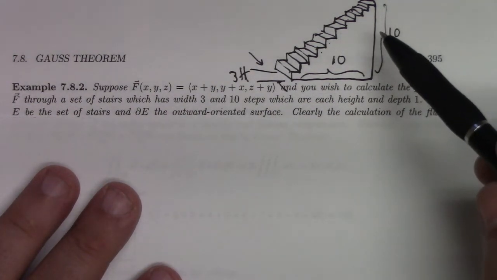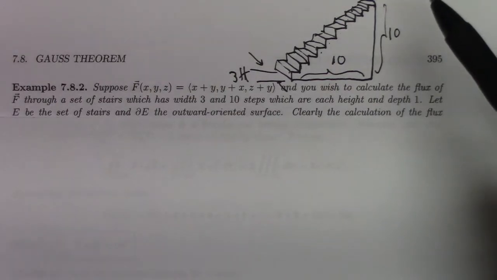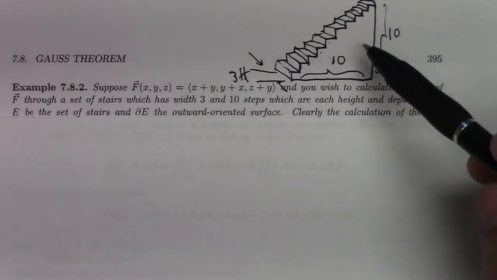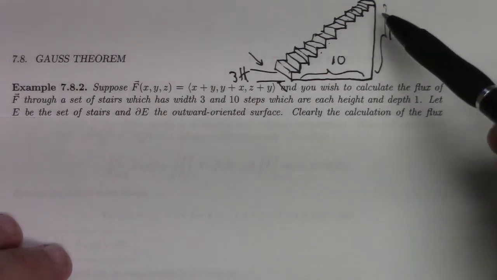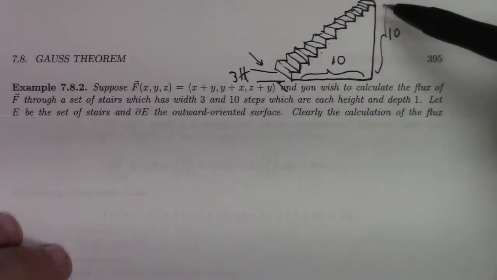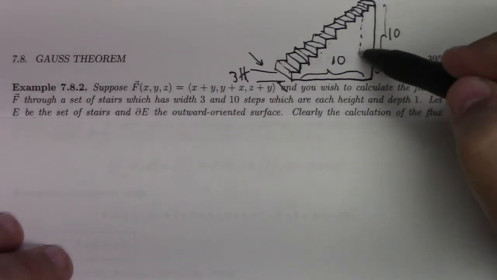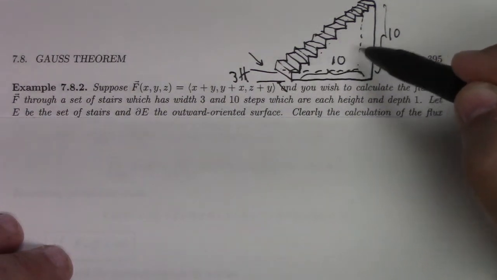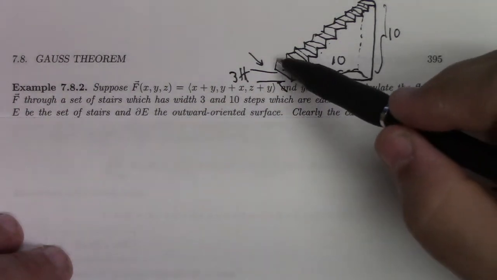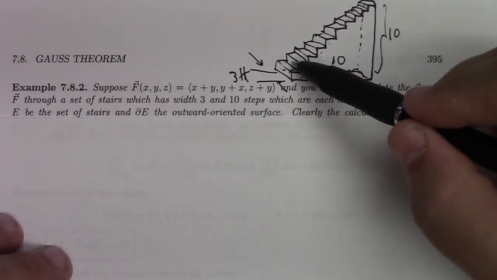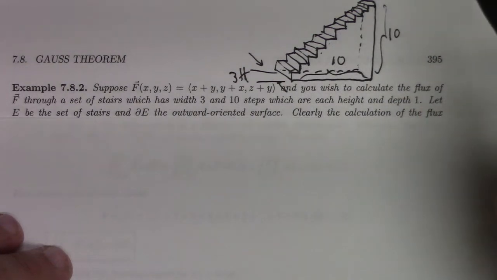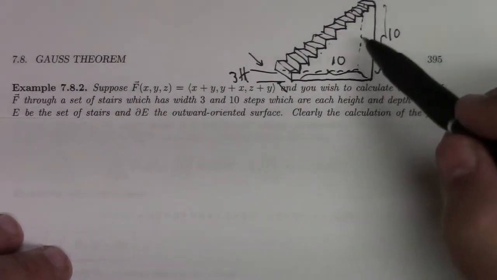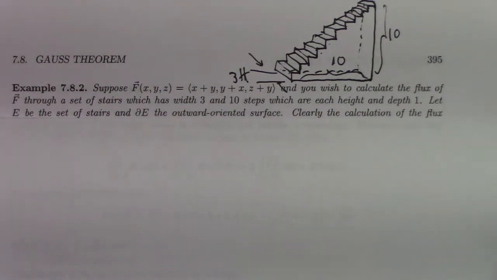So the boundary of E has the back sidewall, the tall straight sidewall, it's got the base that meets the floor, and then the front faces and the top faces of all the stairs. There are a lot of different subsets here.